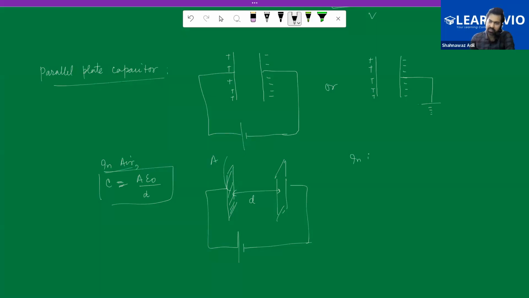And in a medium, if you place a dielectric medium in between the plates, right? So let's say you have these two plates, and then you place a dielectric medium in between the plates. Then what would be the capacitance?